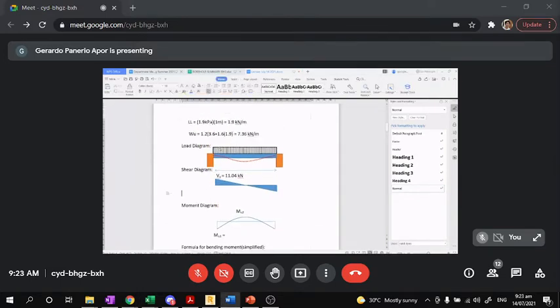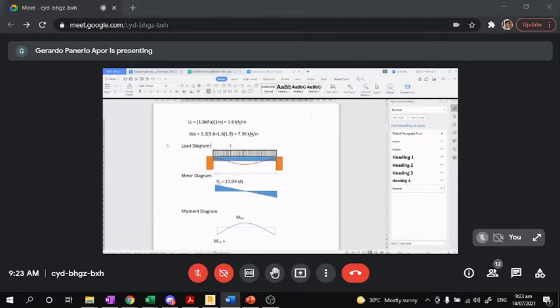So, okay, you have WU here. WU is equal to 7.36 kilonewton meter. Okay.